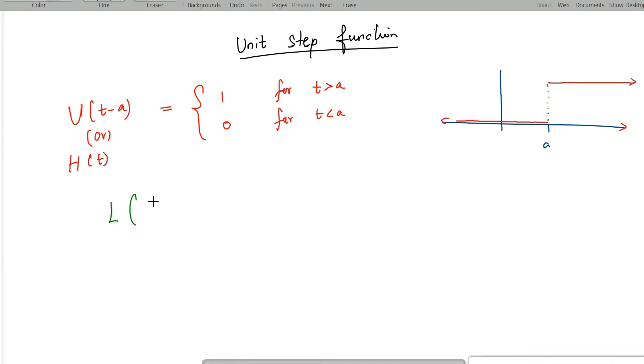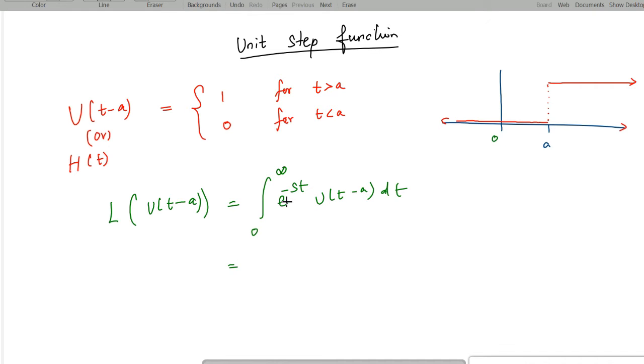L of u of t minus a equals, by using the definition of Laplace transform, the integral from 0 to infinity of e power minus st u of t minus a dt. But in the interval a to infinity you have a non-zero value, and in the interval 0 to a it is 0.